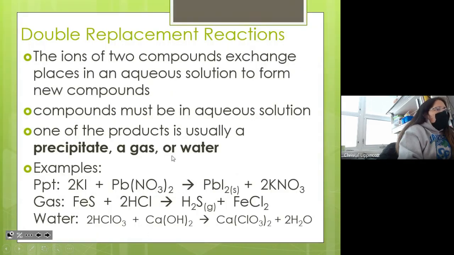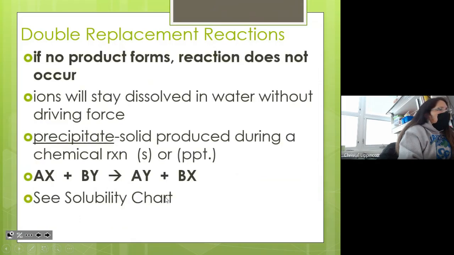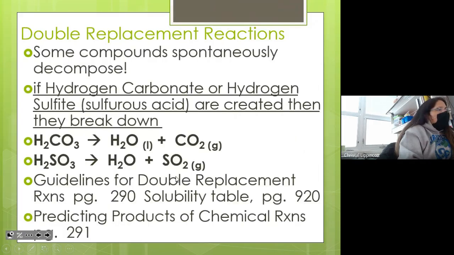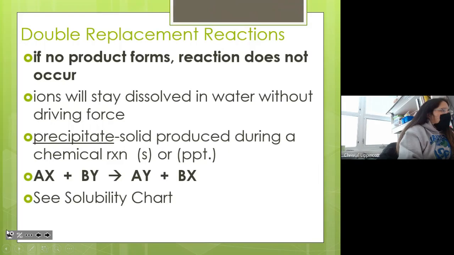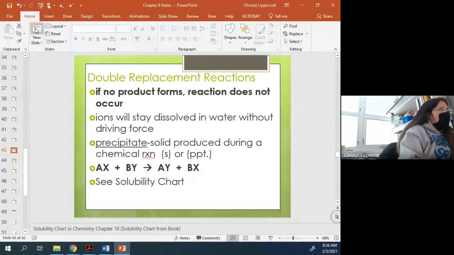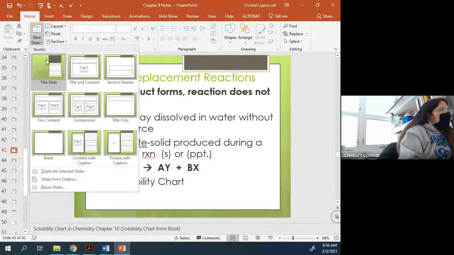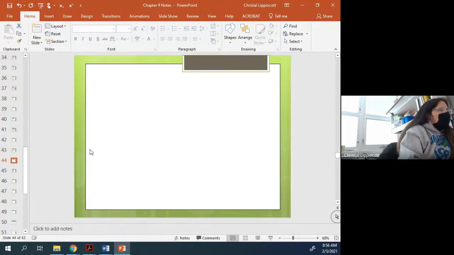So if you end up with two aqueous, you don't end up with any kind of reaction. Okay, so if no product forms, so nothing changes, if it's aqueous on this side and everything's aqueous on this side, then nothing's happened. Let me insert an extra slide here, and I will explain to you why that's the case, okay?